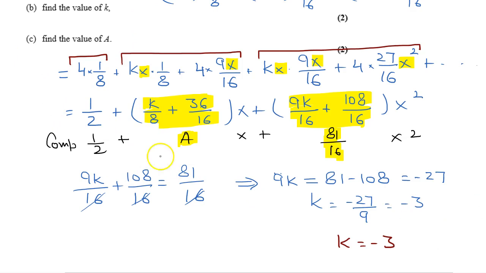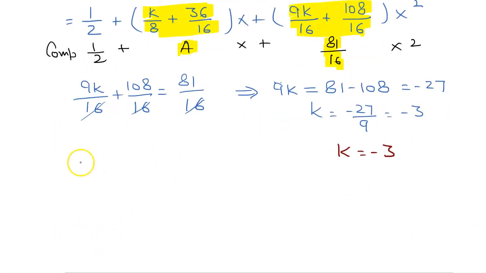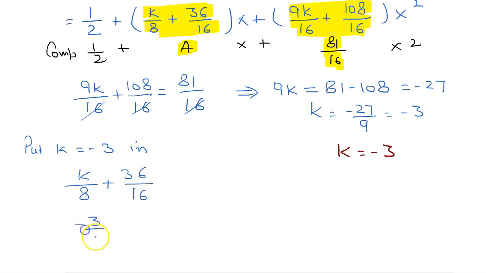Now we put the value of k here. Put k is equal to minus 3 in k over 8 plus 36 over 16, minus 3 over 8 plus 36 over 16.